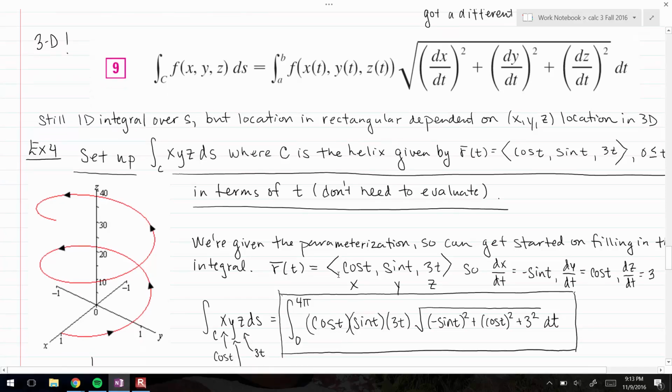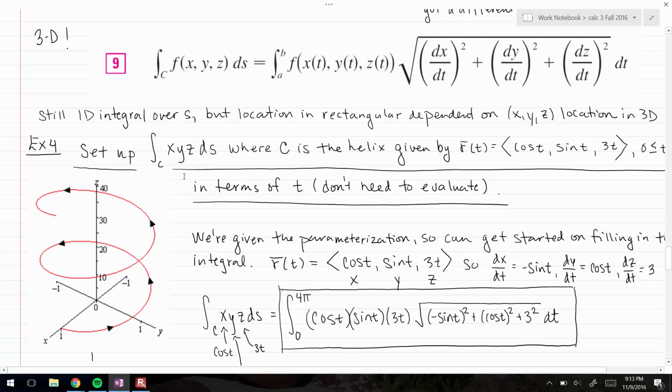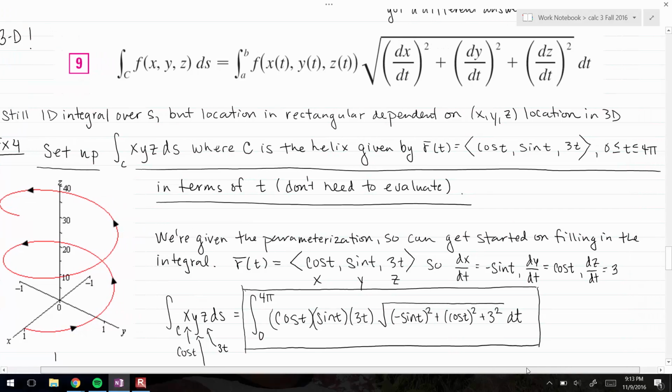One example would be along a helix, with parametric equations we've seen in the past. This r can be characterized by cosine t, sine t, and 3t, where t goes between 0 and 4 pi.